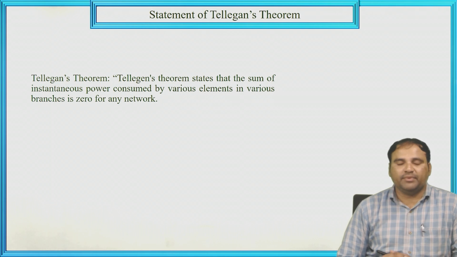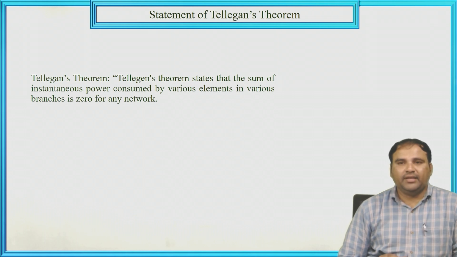That is the statement. So we have to calculate the power, and the power across each and every element sums to 0, or the power from the source should be equal to the power through each and every element.